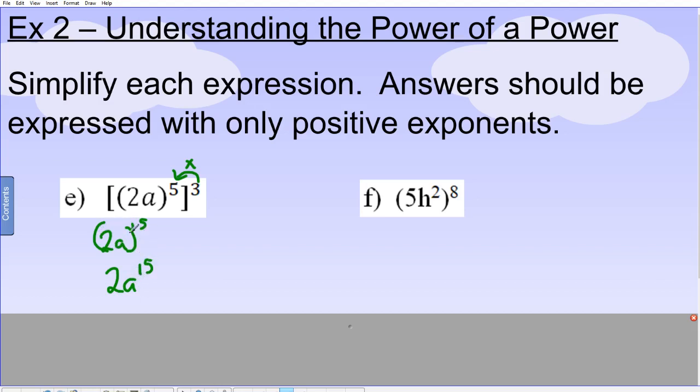In the top one, the 2 and the a are to the 15th power. Down here, the 2 would actually be to the 1st power, and the a is to the 15th power. These are different, okay? The one we want is that one. So if you see parentheses up top, usually you want to leave them in there.